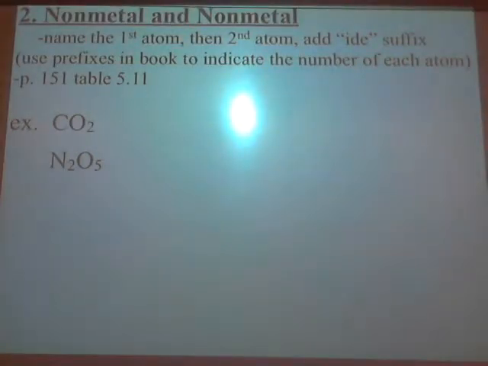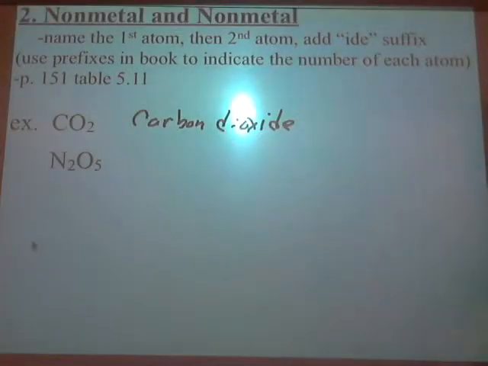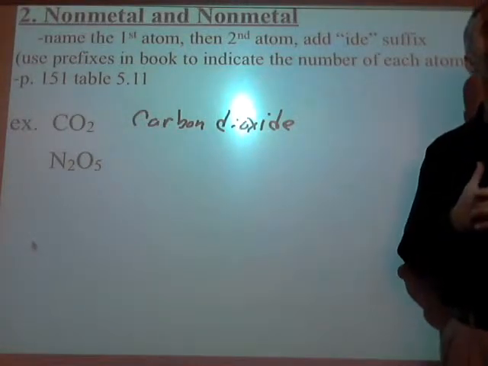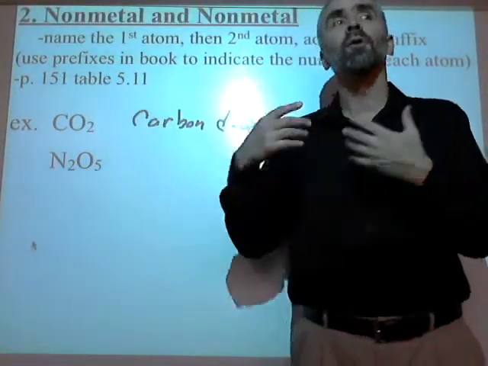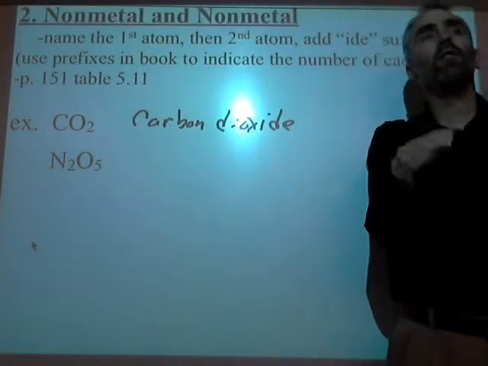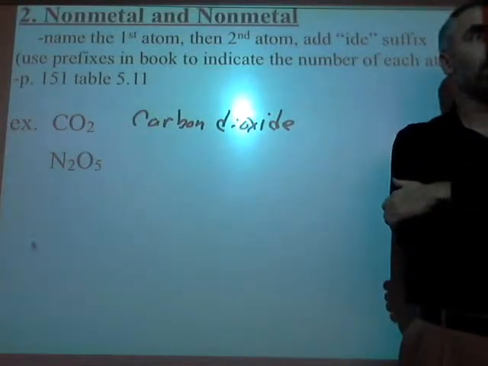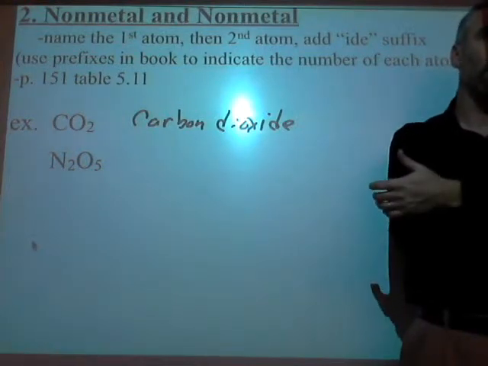How about that one? Now you can see we're going to get some pretty hefty numbers to name. What do I do? Well, the prefixes are on the table right there, but you actually know most of them. What do you think the prefix for 1 is? What do you call carbon with just one O? Carbon monoxide, right.